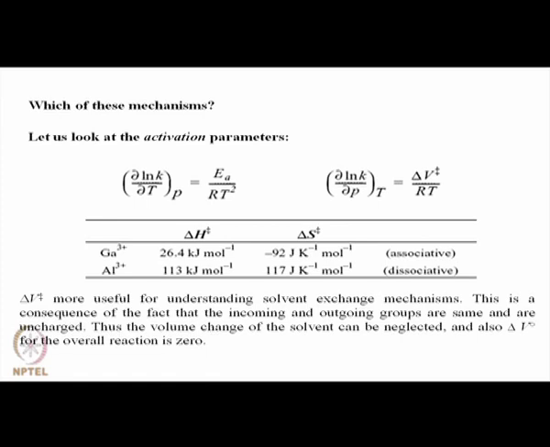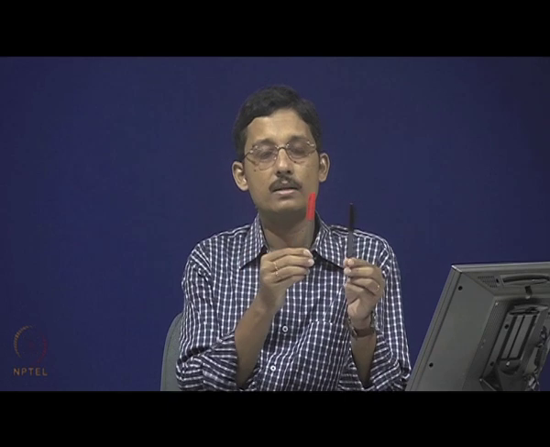So, looking at the sign of this delta S activation, we can see that the first case, gallium, is the associative one. Why is it associative? Suppose we have got two entities of this sort, so they are different.